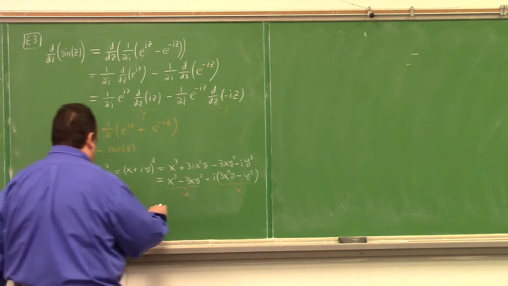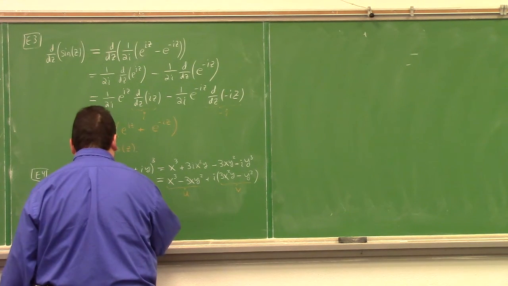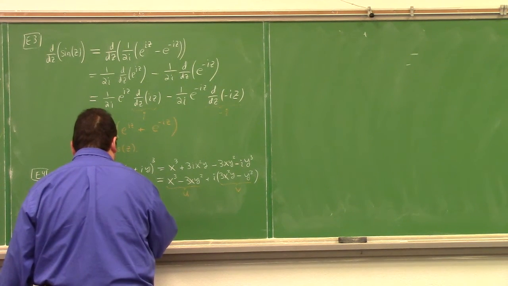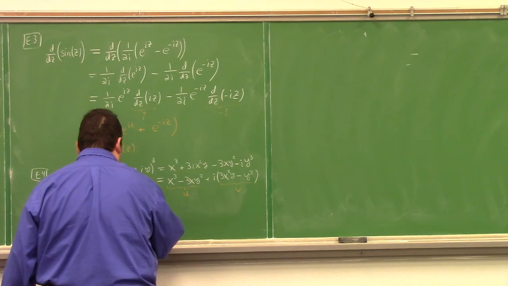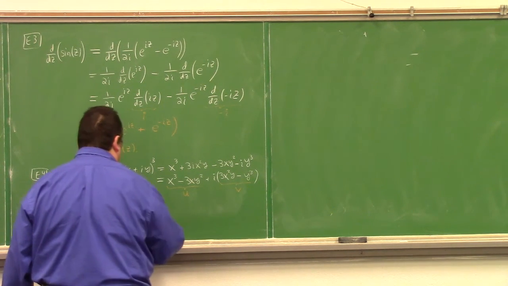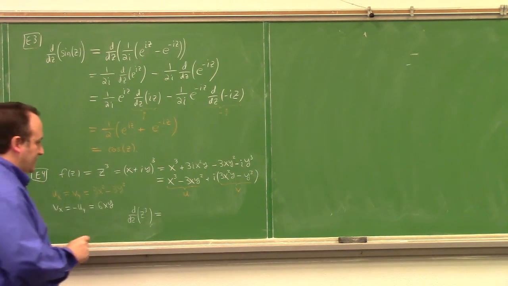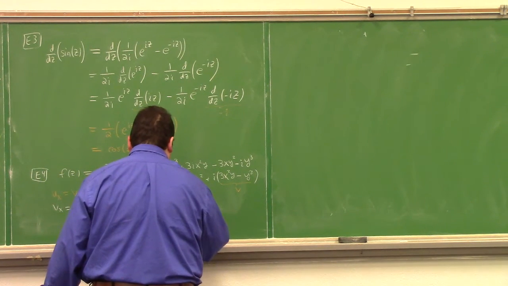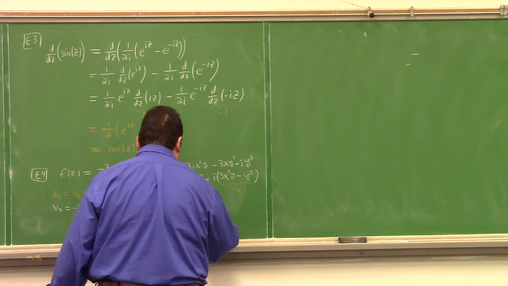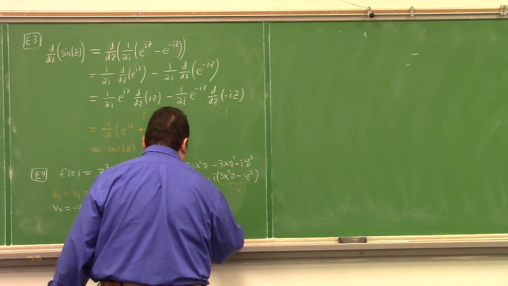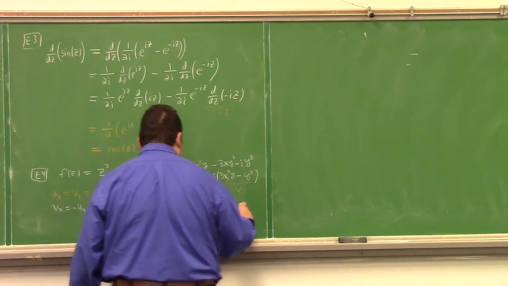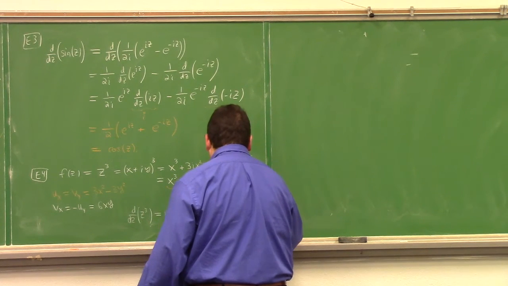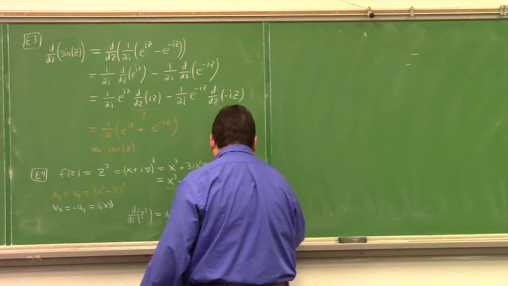And what is d dz of z cubed? It's u_x plus i v_x, right, which is 3x squared minus 3y squared plus i times 6xy, right?